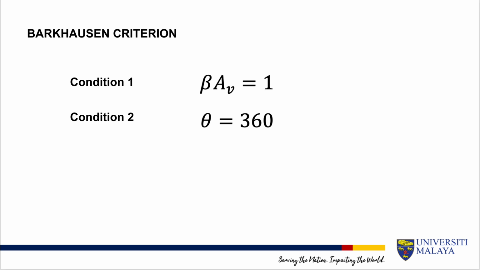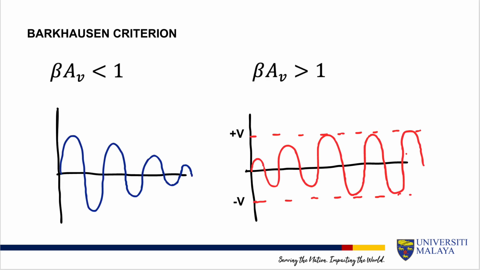Now let's talk about what would happen if the loop gain is less than 1. If the loop gain is less than 1, oscillation will occur initially, but eventually it is going to die out. So damping will occur. Now what happens if the loop gain is greater than 1?